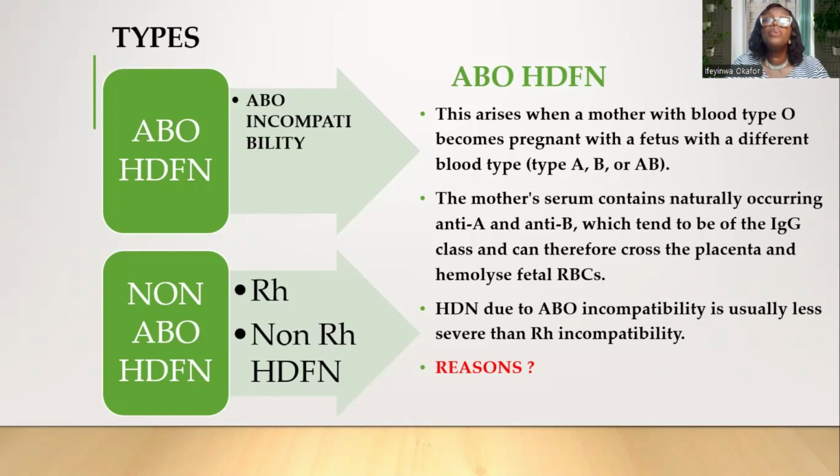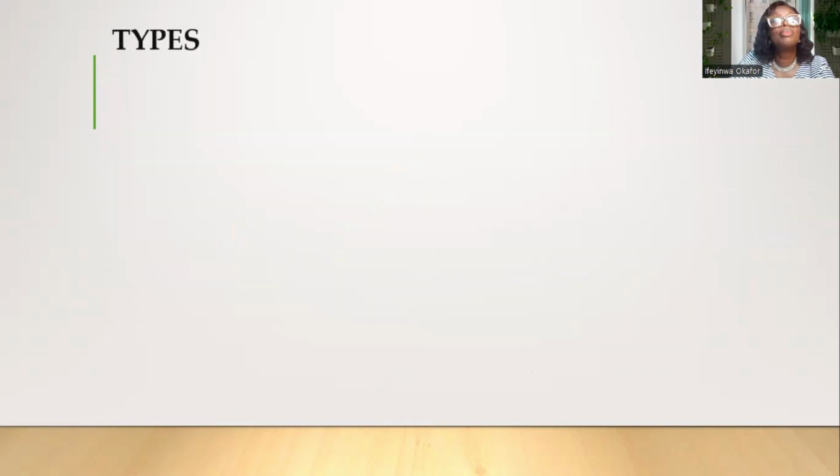And this small portion, even when it crosses the placenta, meets other A or B antigens littered on the placenta walls, which reduces the concentration. So what ends up attacking the baby's red blood cells is small, and the HDN that may result will be mild or moderate.